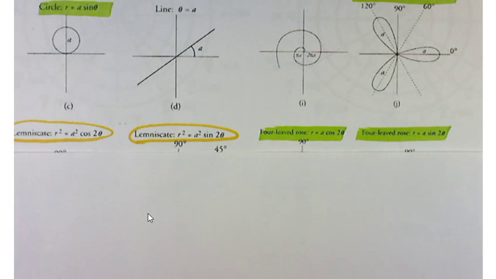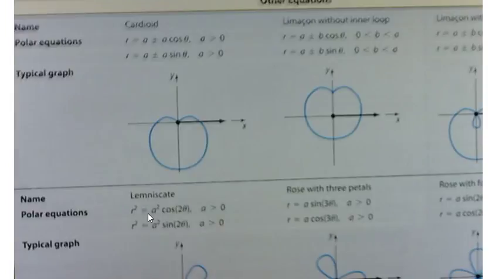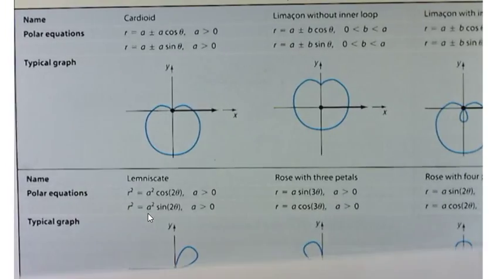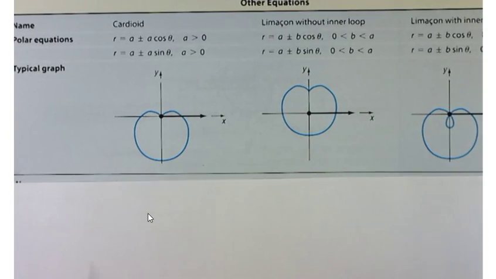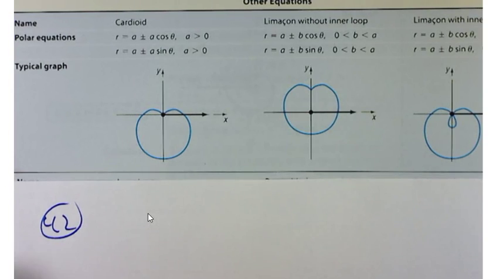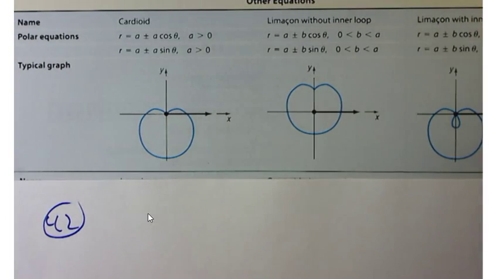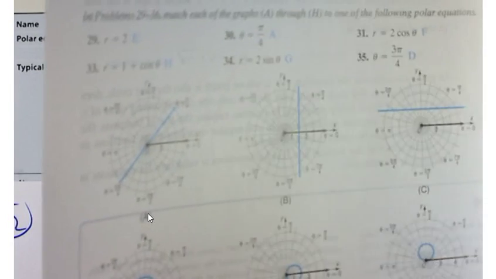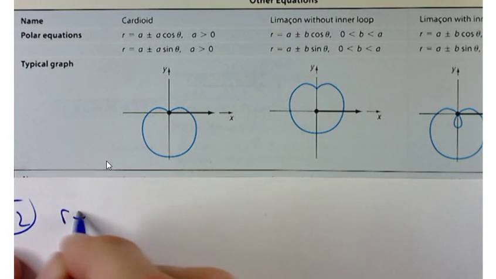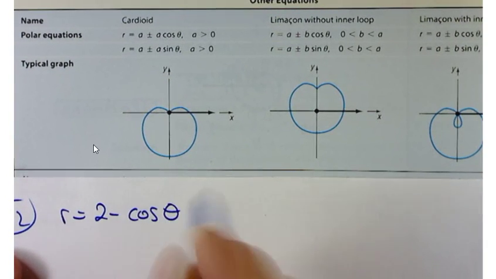I think we're missing something. So r equals 2 minus cosine of theta.